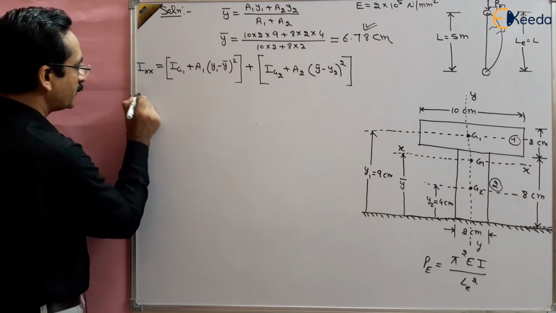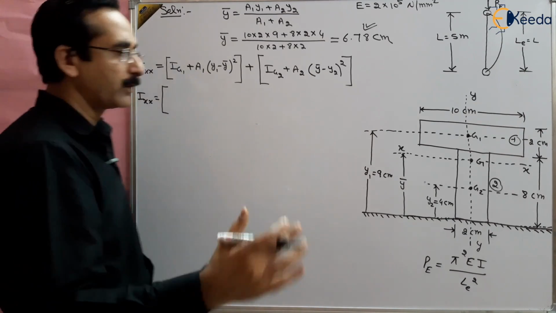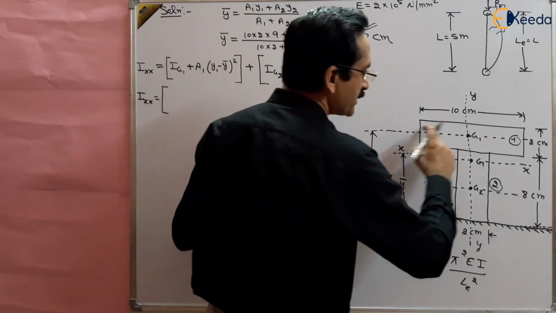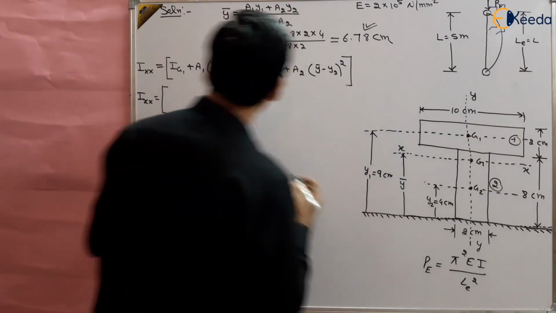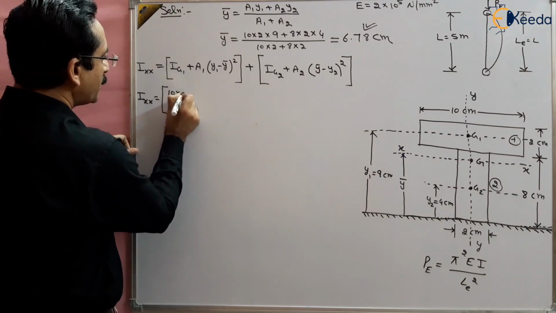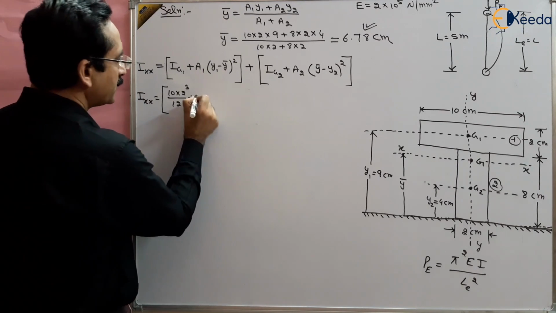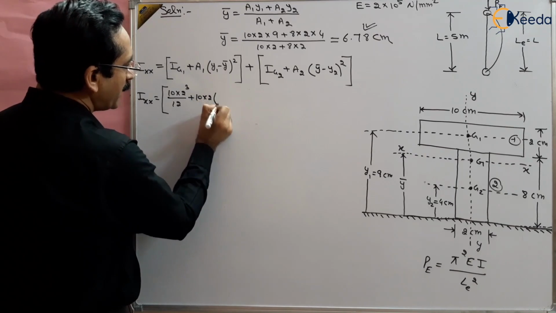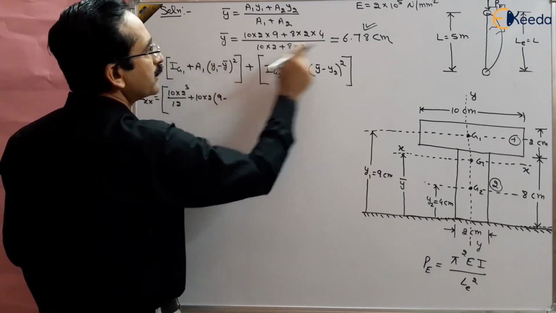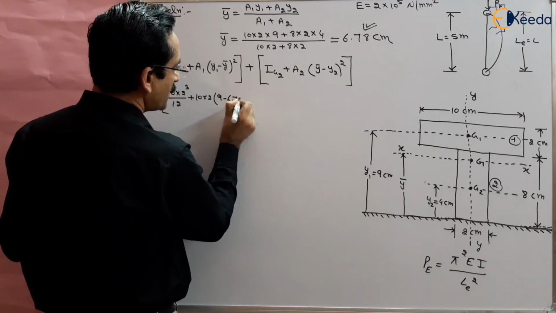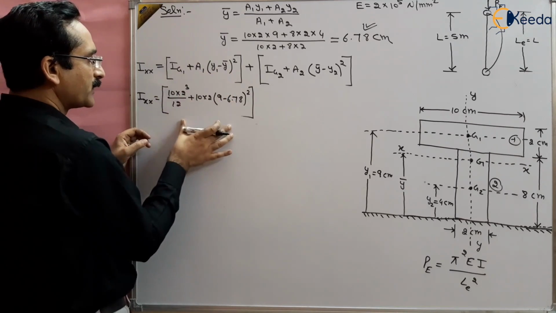So Ixx will be: Ig1 is bd cube by 12, the moment of inertia through the centroid, and this is perpendicular to the 2 centimeters. So this is 10 multiplied by 2 cube by 12, plus A1 (10 multiplied by 2) multiplied by (y1 minus y bar) square. y1 is known to us, 9, and y bar we found to be 6.78.